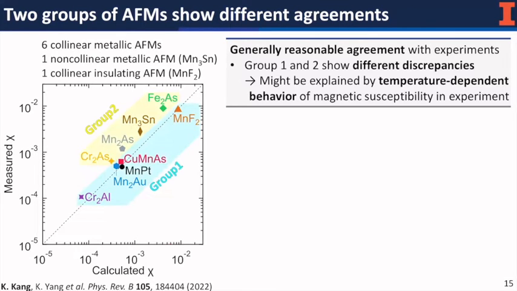In detail, I could find two different groups in terms of discrepancies. Group one shows a good accuracy within 36% discrepancy, while group two shows slightly poorer accuracy with over 50% discrepancy. Thus, we try to find the reason for the discrepancies.